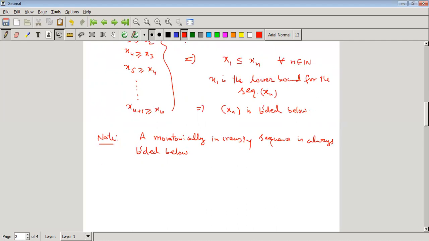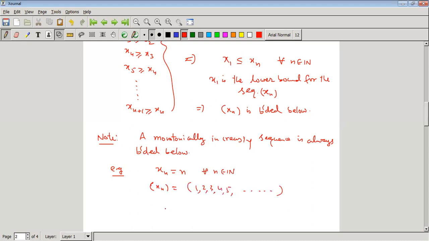Now, we have already discussed one example. The same result is applicable for a strictly monotonically increasing sequence. A strictly monotonically increasing sequence is also bounded below. For example, if we take xn equal to n for every n in N, our sequence xn is 1, 2, 3, 4, 5, and so on.